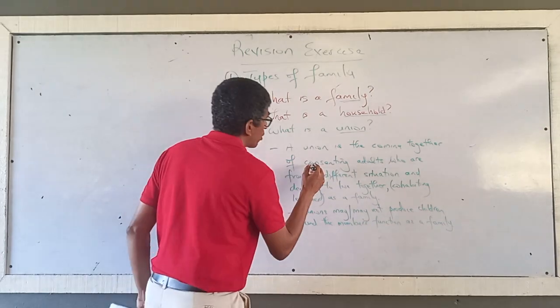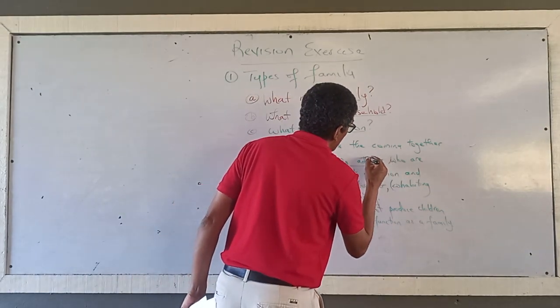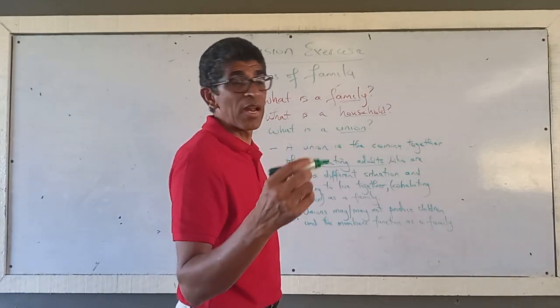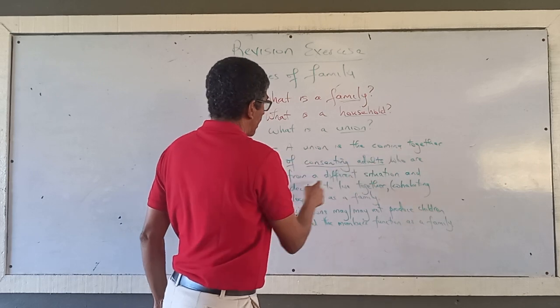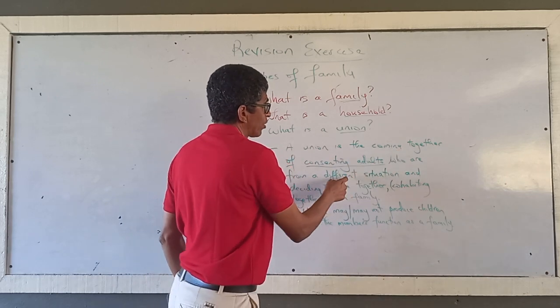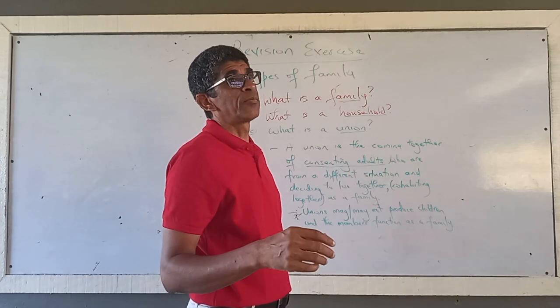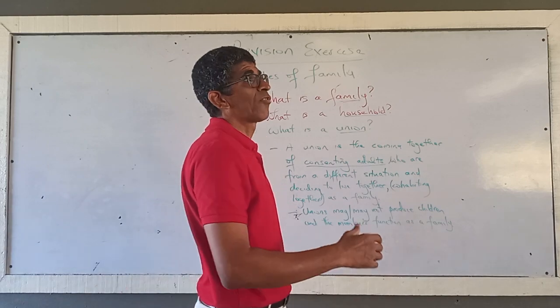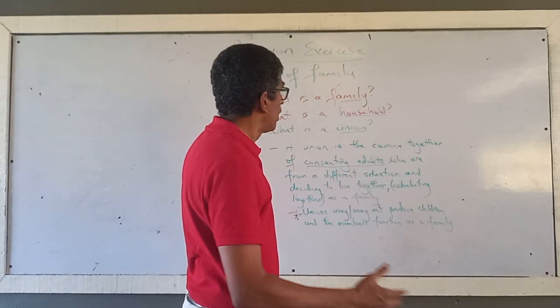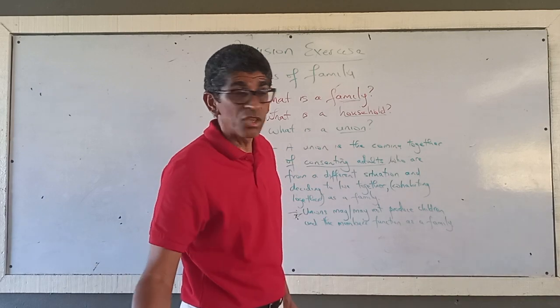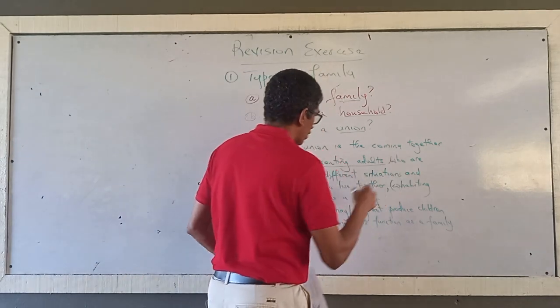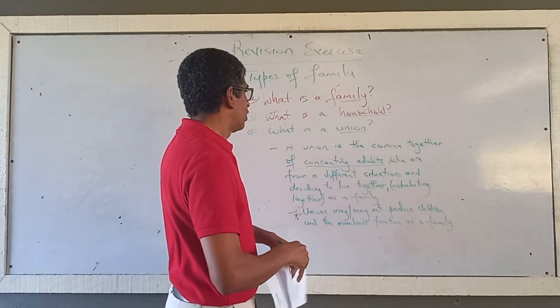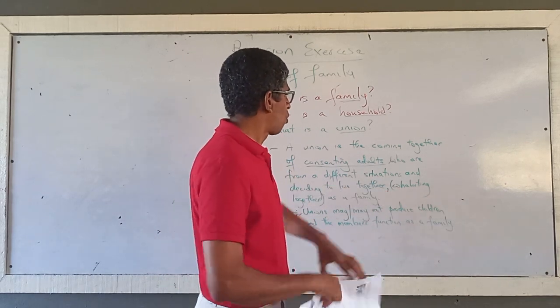Notice the choice of word, consenting adults. It means that the male and the female agree that they are going to come together, and they are generally from different situations. Different situations here means it could be from a single parent situation, it could be from a singleness situation, it could be from a broken relationship, but they are coming from different situations and deciding to live together or cohabiting.